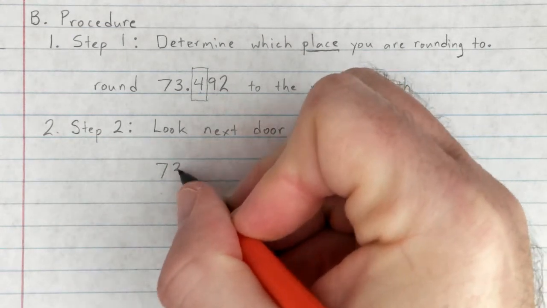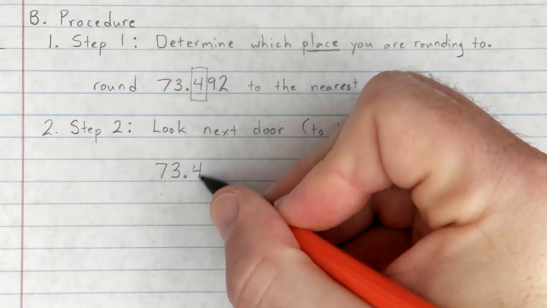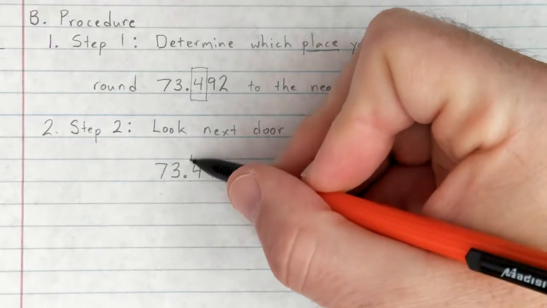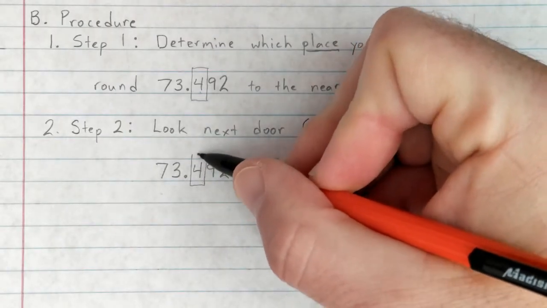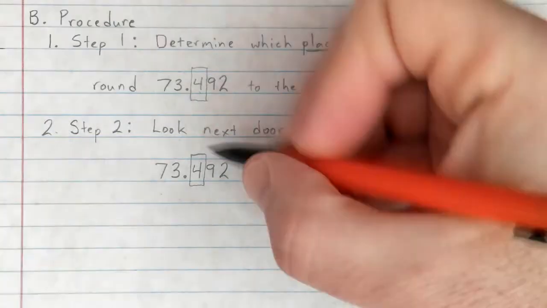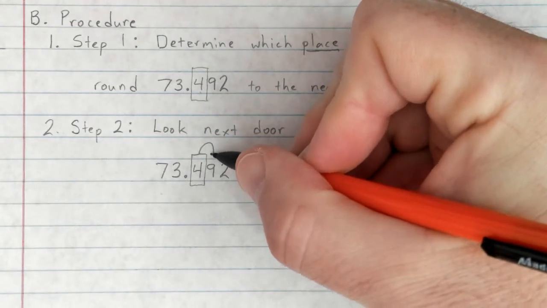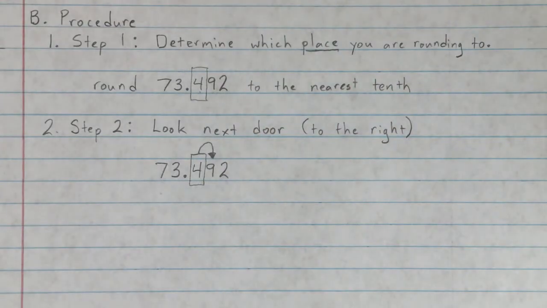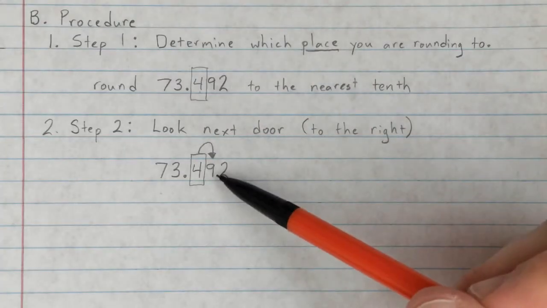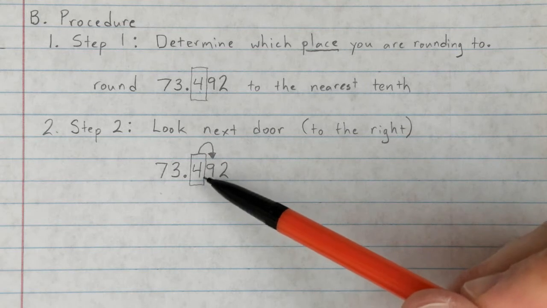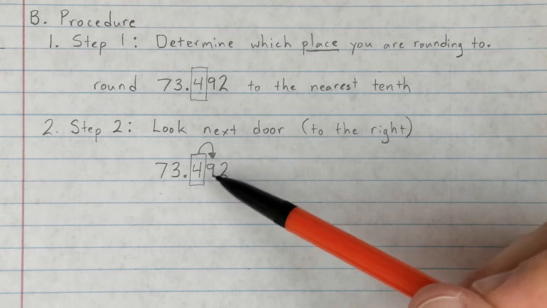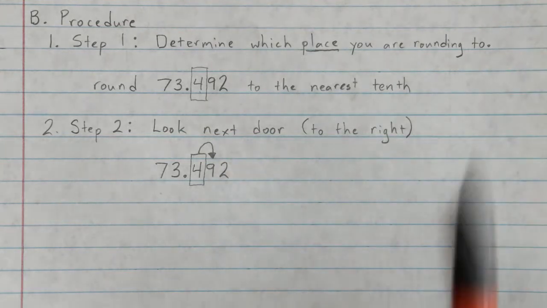If I have 73 and 492 thousandths, and I know I'm rounding to the nearest tenth, I am going to look next door. This neighbor is going to basically tell me what to do. It's going to tell me how I'm going to round.